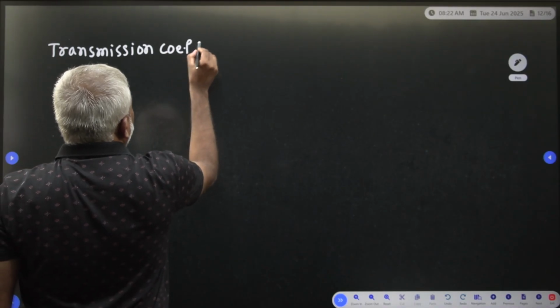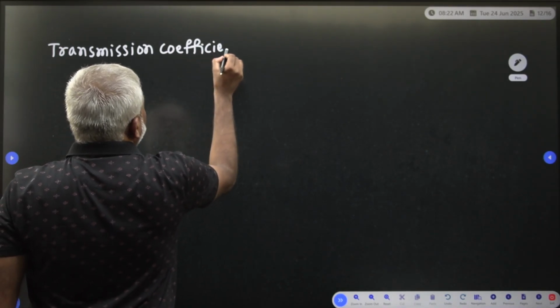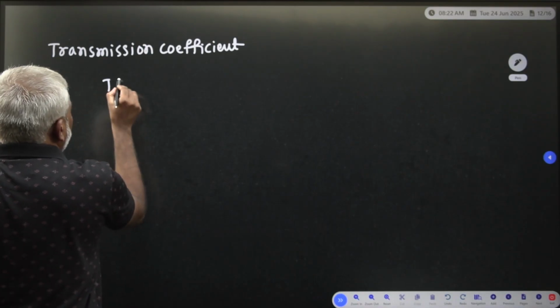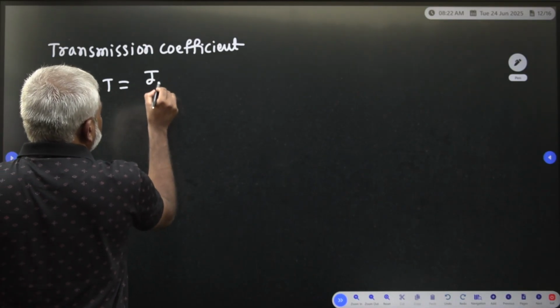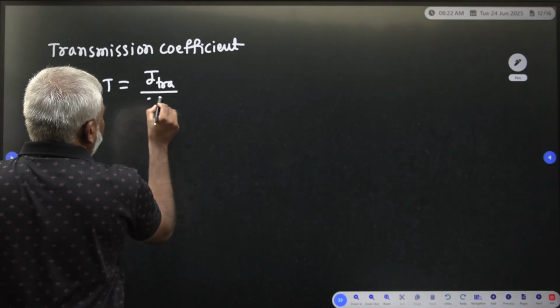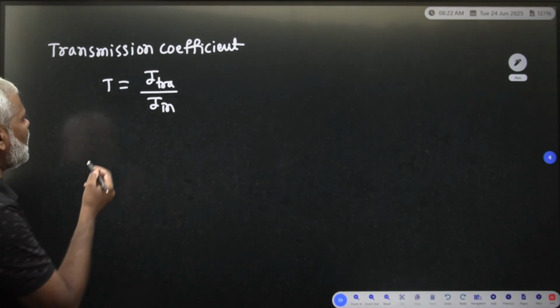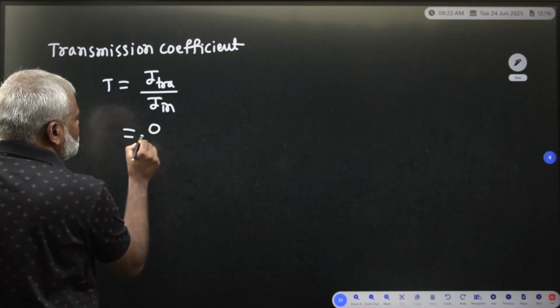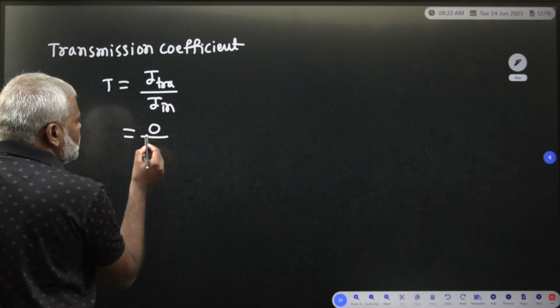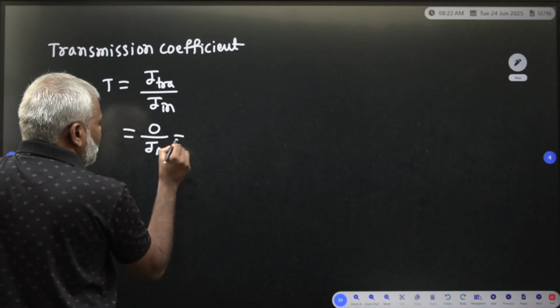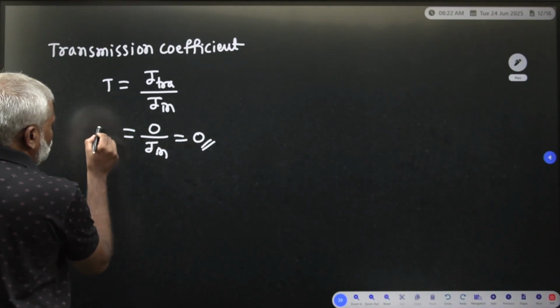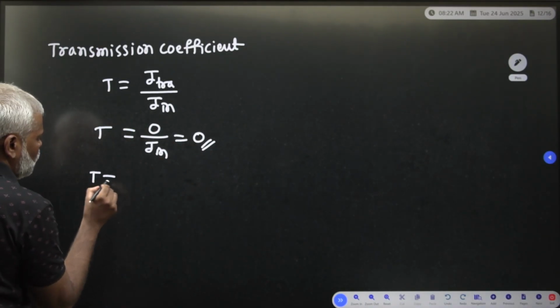So what is your transmission coefficient? Your transmission coefficient T is equal to the transmitted flux divided by the incident flux. The transmitted flux density is equal to 0. The incident flux, whatever it may be, 0 by something is equal to 0. So therefore T is equal to 0.